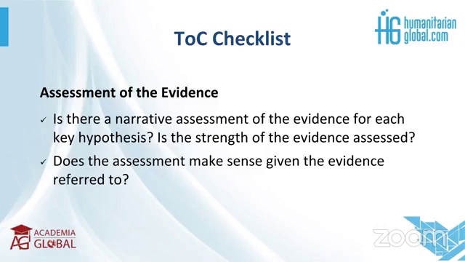What evidence do we have that by us as Humanitarian Global having a webinar on the theory of change with the participation of 269 people, who can't see me and I can't see them, they will likely understand what I'm saying and move from knowledge to application of knowledge? So what evidence do we have? Is the strength of the evidence assessed? Does the assessment made make sense given the evidence that has been referred to?